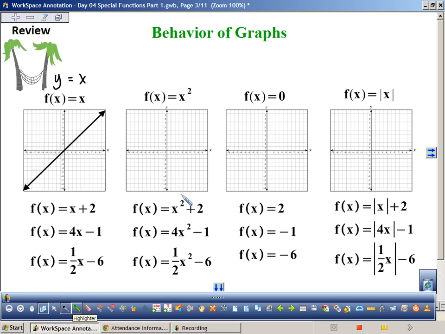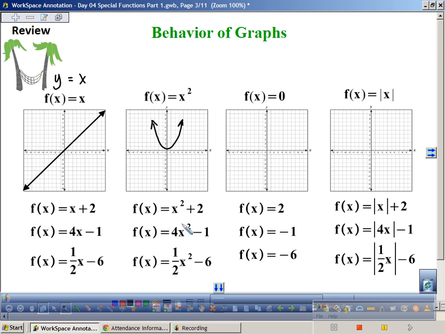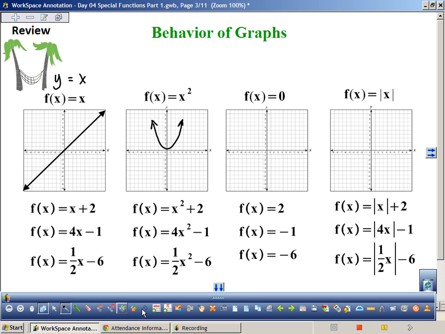F of x equals x squared. What's that one look like? That one's a parabola, centered at the origin. What would f of x equal to 0 look like? So instead of saying f of x, I could say y equals 0, and y equals 0 is a horizontal line. Good.